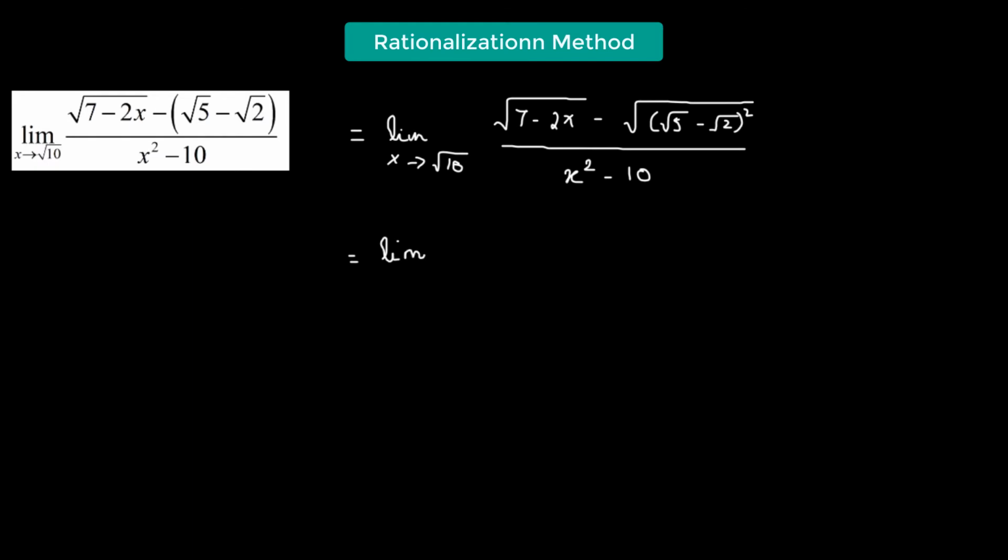Now we have limit x going to square root of 10. So we have 7 minus 2x.